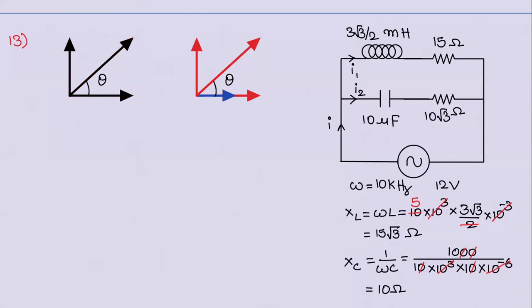That is the first thing. R is equal to 15 ohm here, and omega L is 15 root 3. Then this will be theta. Tan theta is equal to root 3, which means theta is equal to 60 degrees, right? Theta is equal to 60 degrees.